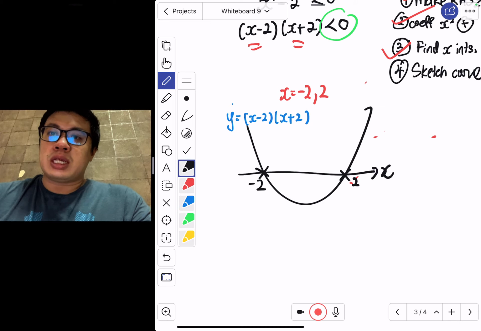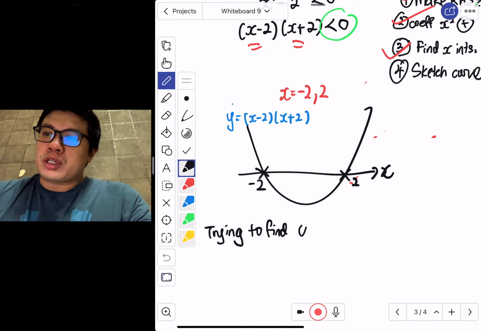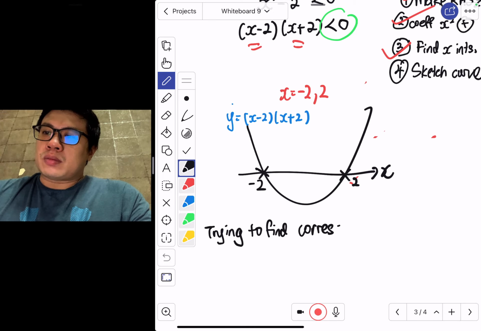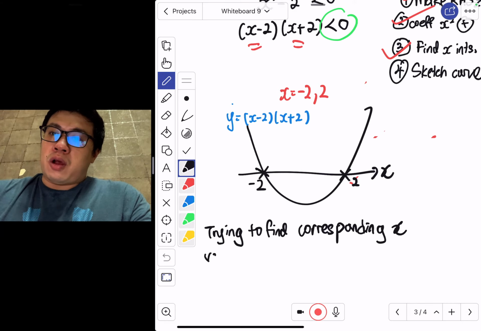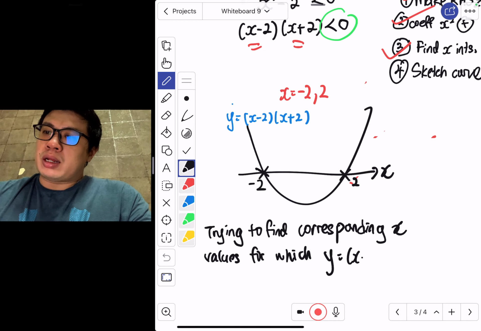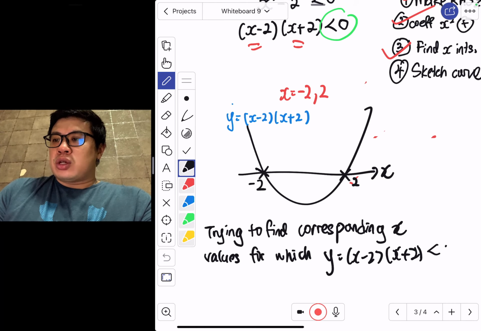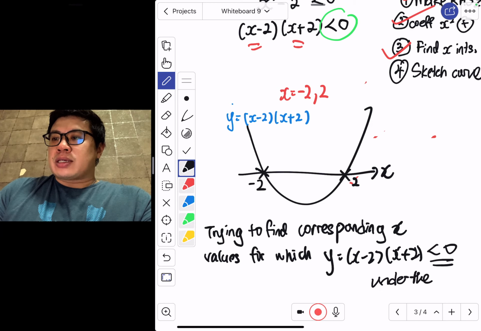You are trying to find the corresponding x values for which your y equals x minus 2, x plus 2 is less than 0, aka underneath the x-axis.